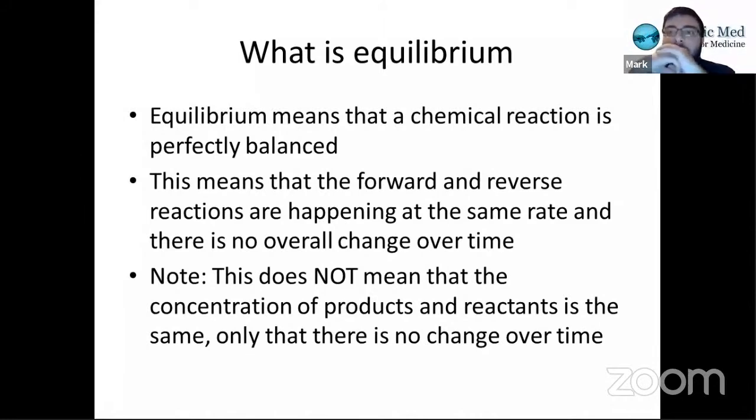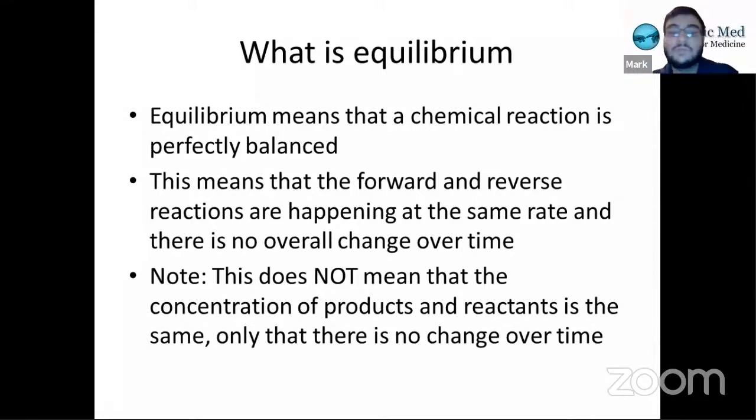It's a little bit hard to explain in words, and I'm sure you'll see what I mean. Essentially, the forward and the reverse reactions are happening at the same rate, and there's actually no overall change over time.